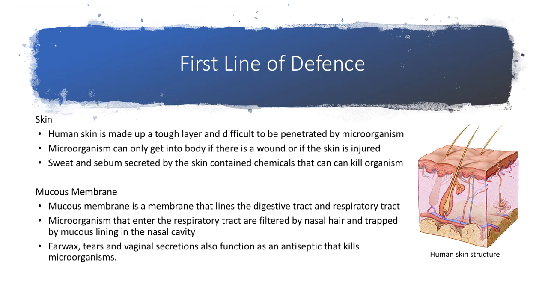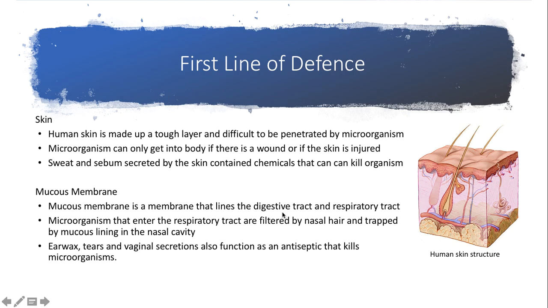So thanks to your bulu hidung as well as your hingus, it actually helps protect you from being infected by pathogen. Okay, sebab apa? Nasal hair, they help tapis udara yang kamu sedut, and mucous lining, or bahasa mudahnya hingus dalam hidung kamu tu, actually helps to trap the pathogen from entering your system. Dia akan perangkap microorganism tersebut.